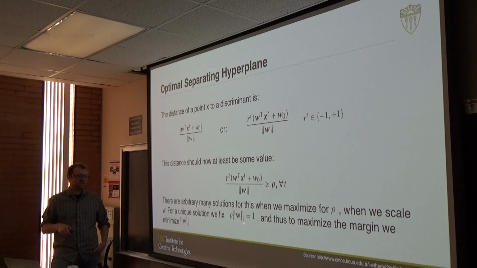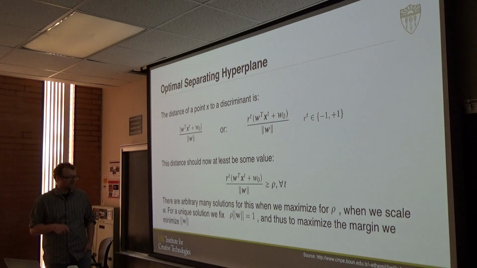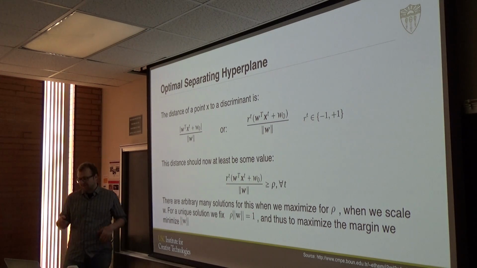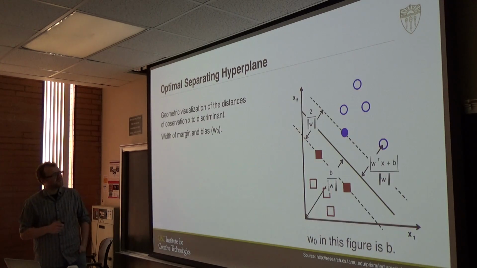So we maximize the margin when we minimize this W. We want this vector to be as compact as possible. That's the first step towards reformulating this problem.